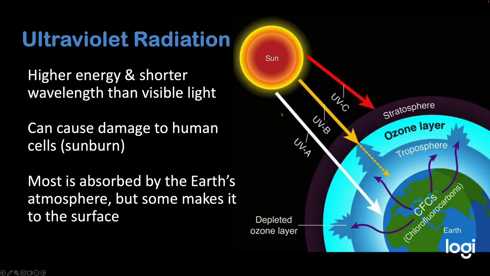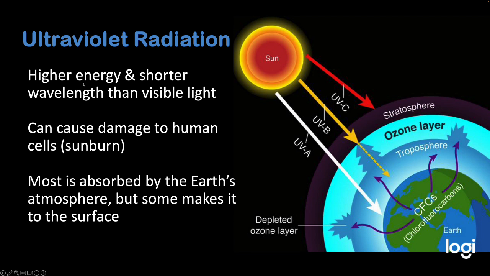Then going on to talk about ultraviolet, some of this ultraviolet will get absorbed by different layers of the Earth's atmosphere. This is why the ozone layer is very important, because this blocks a large portion of ultraviolet that would come down. And the reason we care about that is because we're getting into the range where we're high enough energy, and frequency and energy kind of go hand in hand.